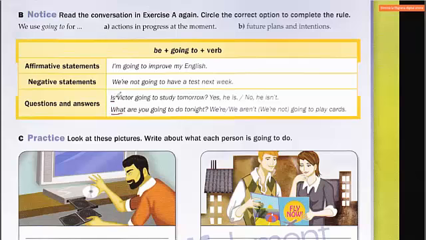If you start your question with a verb, the answer will be yes or no. That's why the first question is called a yes-no question. And the second question starts with a WH word. Okay, what are you going to do tonight?